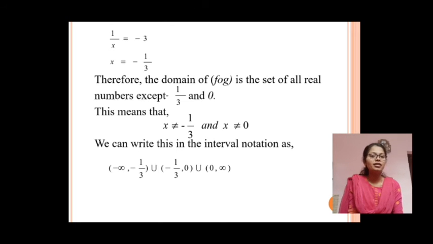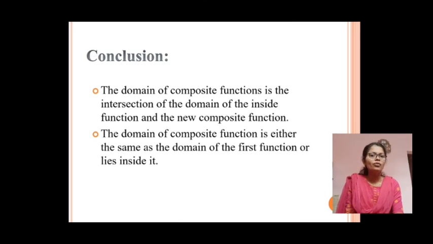We can write this in interval notation: the set of real numbers is minus infinity to infinity, so we exclude minus 1 upon 3 and 0 from this interval. So we get the open interval minus infinity to minus 1 upon 3, union minus 1 upon 3 to 0, union 0 to infinity.